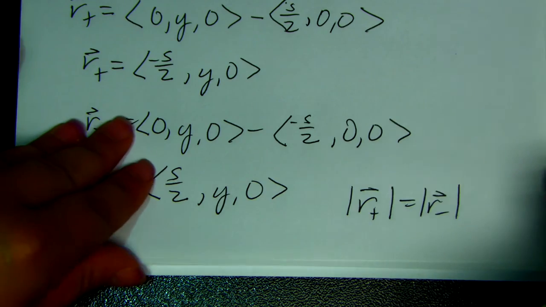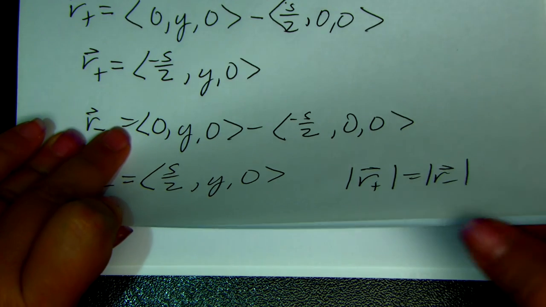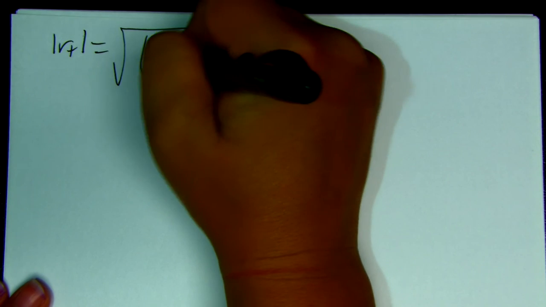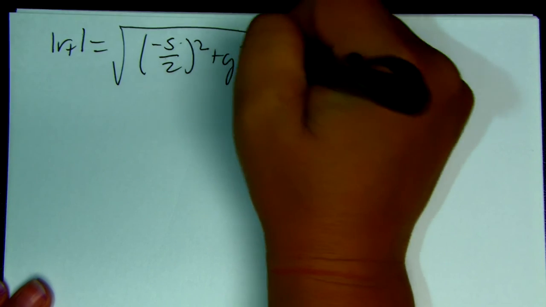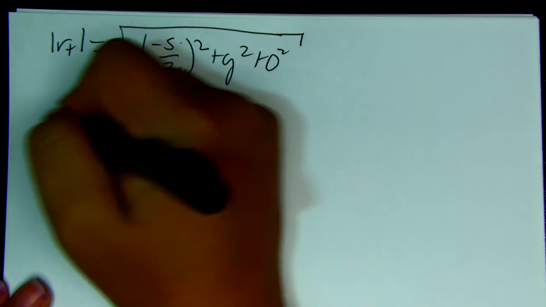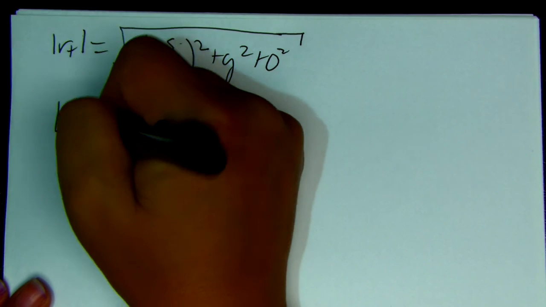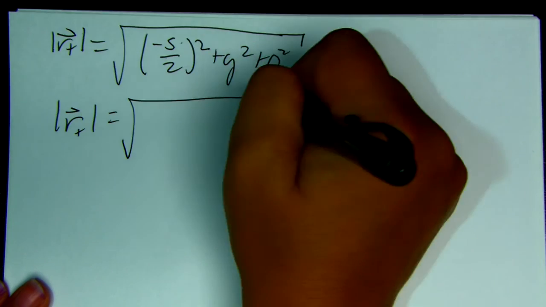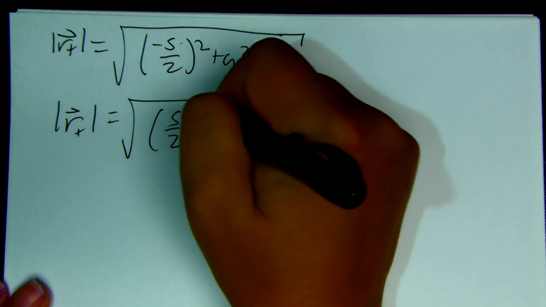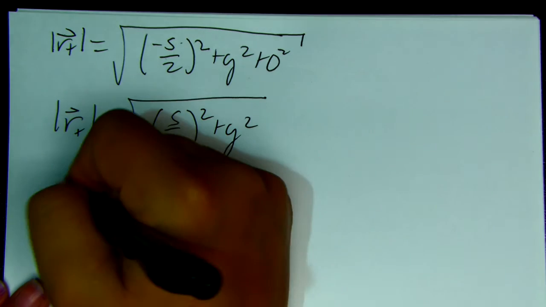So let's keep going. The magnitude of r positive is equal to the square root of minus S over 2 quantity squared plus y squared plus 0 squared, which is the square root of S over 2 quantity squared plus y squared.